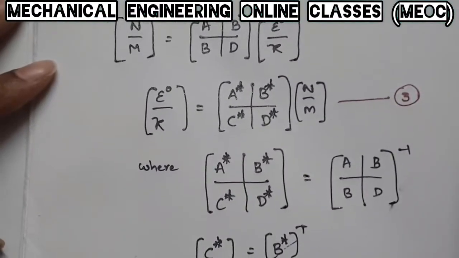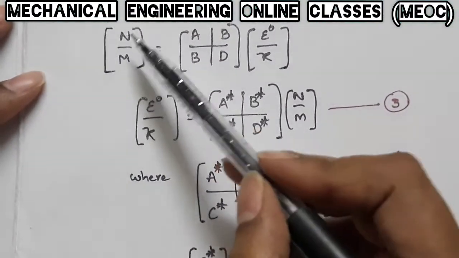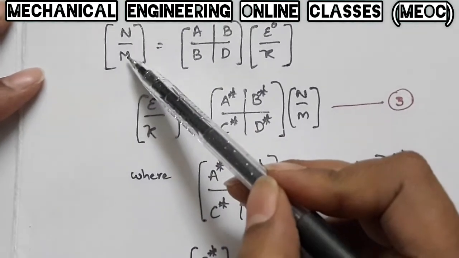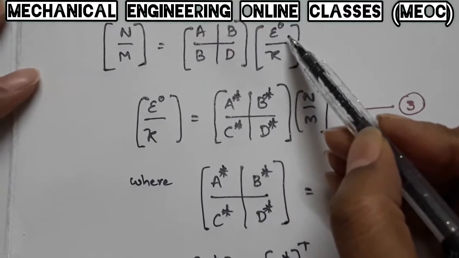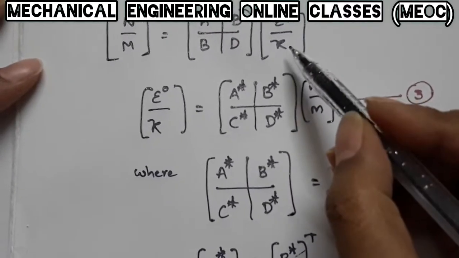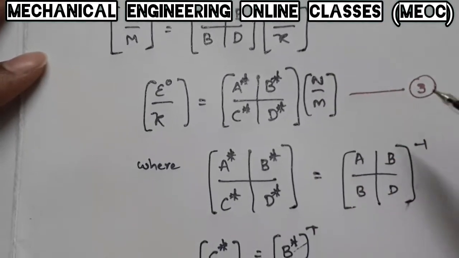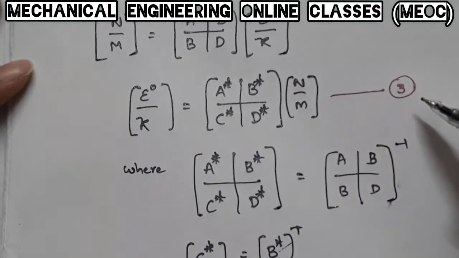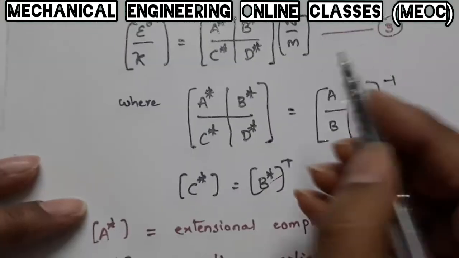Now that we have derived an equation for force and moment resultants, force resultant is N and moment resultant is M, in terms of midplane strains epsilon naught and midplane curvatures K. So we have obtained equation 3 by applying inverse of ABBD matrix as a whole.